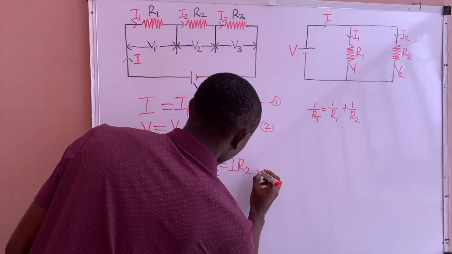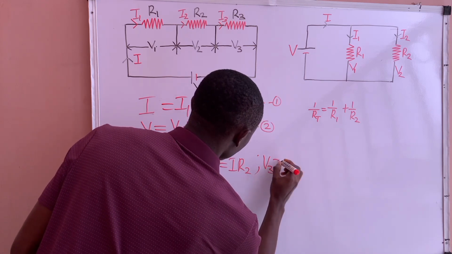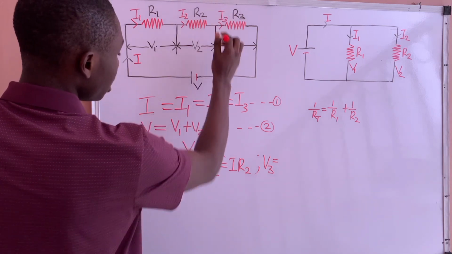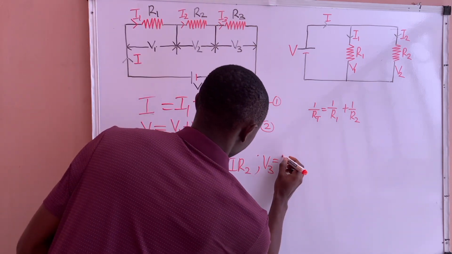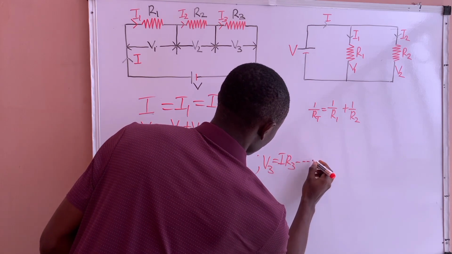And the voltage that will drop across R3 will be V3, which is equal to I3, which is the same thing as I, multiplied by R3. We can call this equation 3.